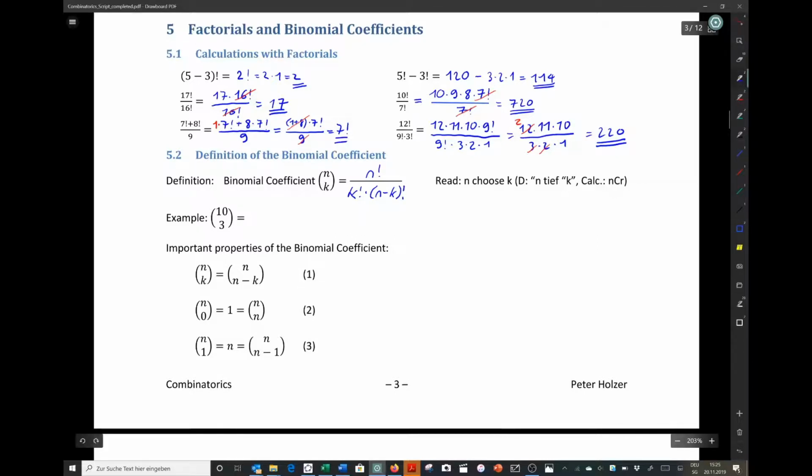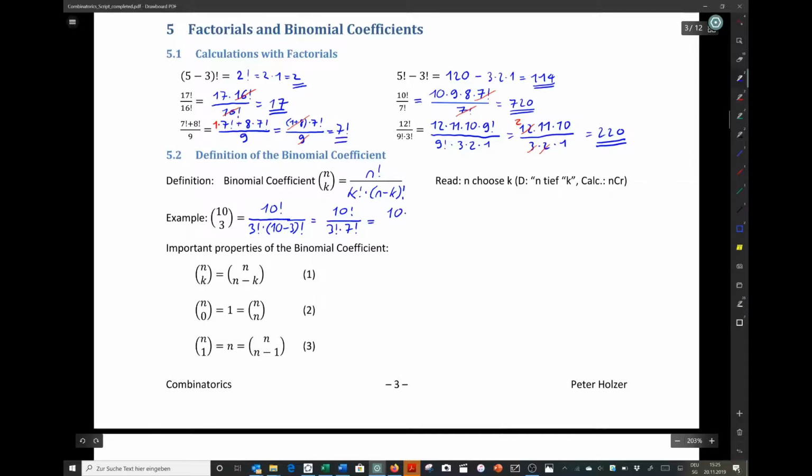So 10 choose 3. This means n is 10, so I get 10 factorial divided by k factorial. k is 3, so I have 3 factorial times, let me write it in brackets, n is 10 minus k being 3, so 10 minus 3 factorial. So we get 10 factorial divided by 3 factorial times 7 factorial.